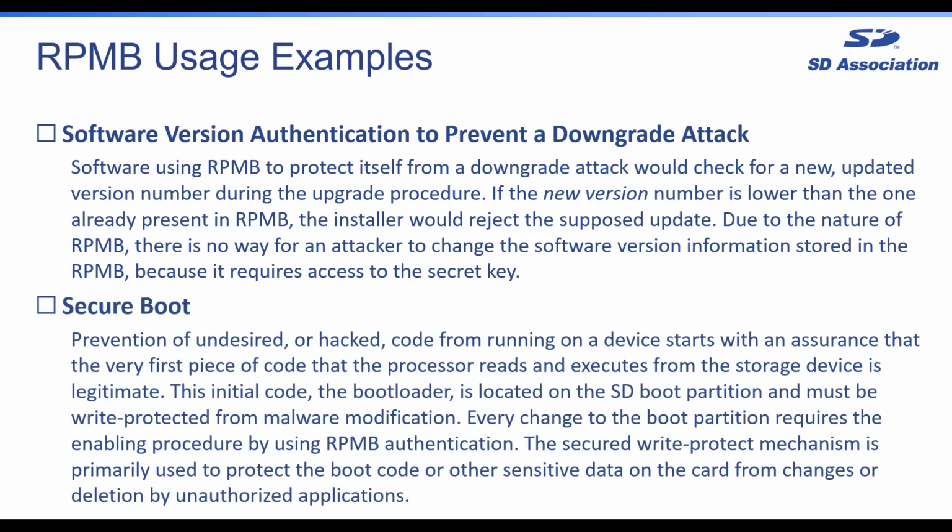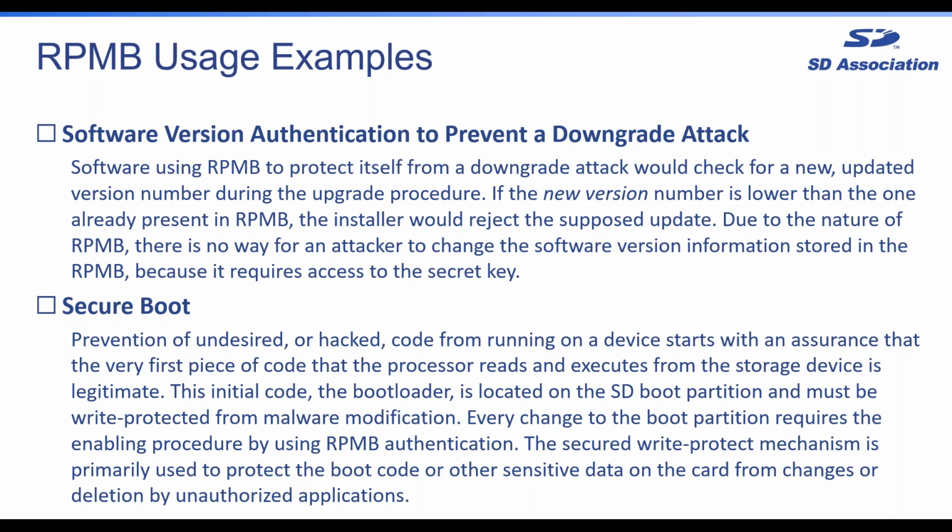Another usage is for secure boot. It's in order to prevent undesired or hacked code from running on a device. And that happens with the initial code that is kept in the RPMB. It is located in the SD boot partition, and it must be write protected from malware modifications.